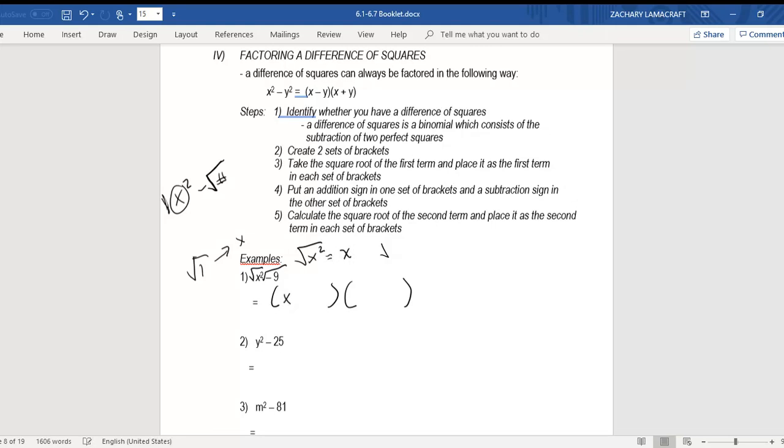And then the square root of 9 is just 3. So in this case, it's just going to be x plus 3, x minus 3. Okay, pretty simple, straightforward.